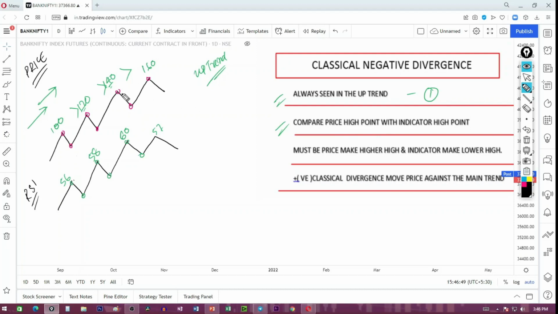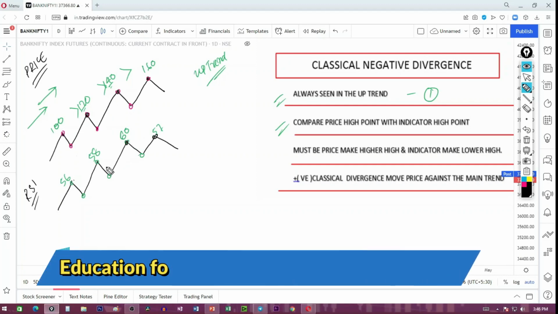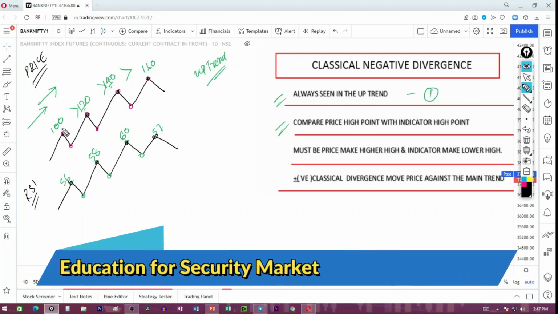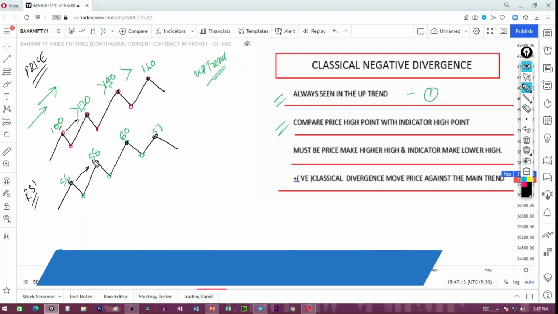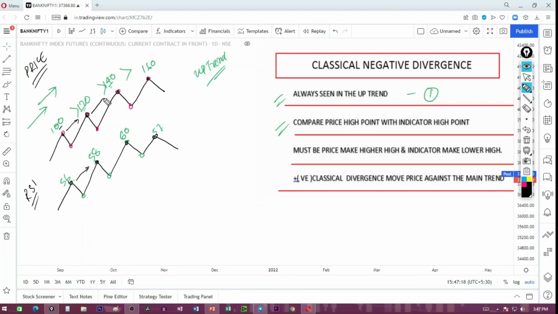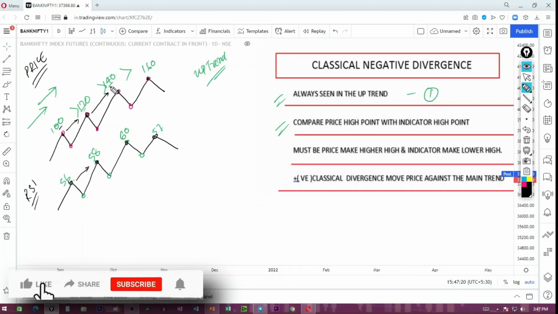We have to compare the price high points, this one, this one, and the indicator high points, all of these points. Price 100 to 120, higher high, no issue. RSI 56 to 58, no issue. Again price makes a higher high, 120 to 140. RSI also makes a higher high, 58 to 60.